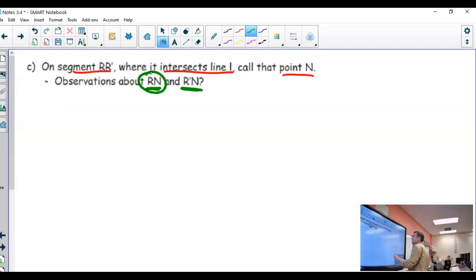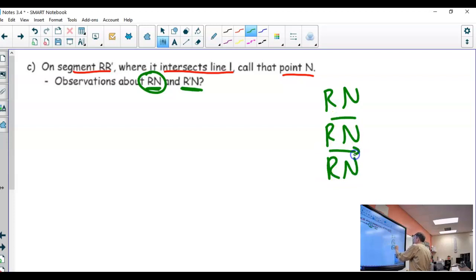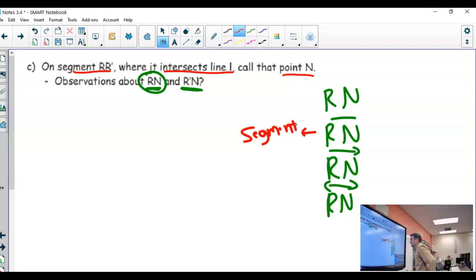And it's this. RN. These are 4 different ways to write RN, and I just want to make sure you know what they mean. So this means a segment, which means it has 2 endpoints.